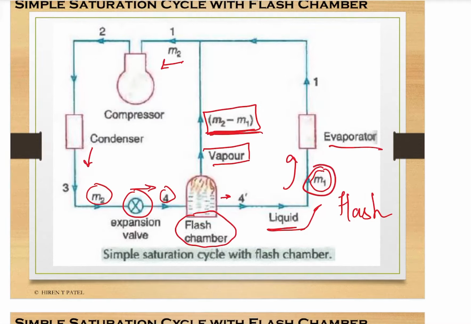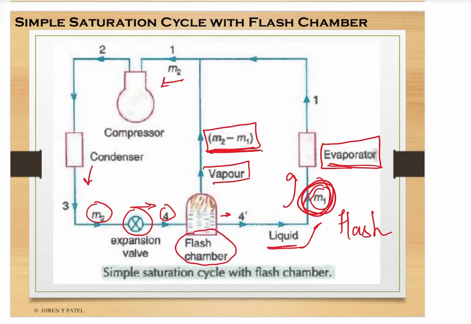Here we can see that only mass M1 is transferred, so there is a reduction in the size of the evaporator. That is the benefit of the simple saturation cycle with the flash chamber: reduction in mass and reduction in size of the evaporator.